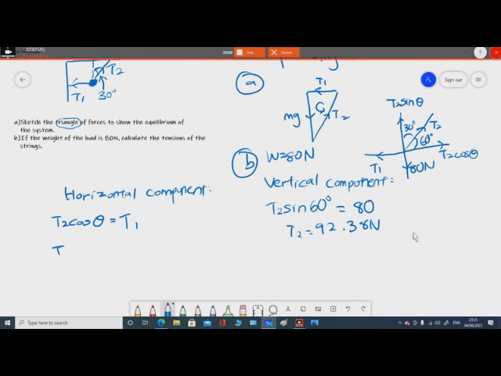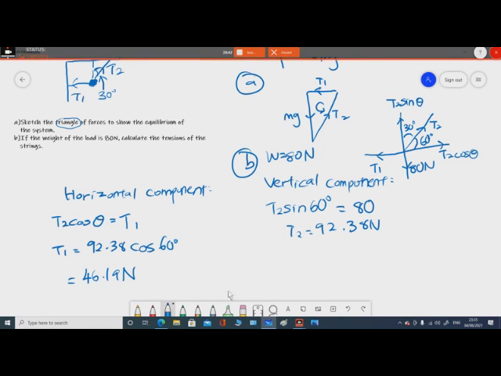So T1 is equal to 92.38 cos 60 degrees. Basically our answer for tension 1 is 46.19 Newton.